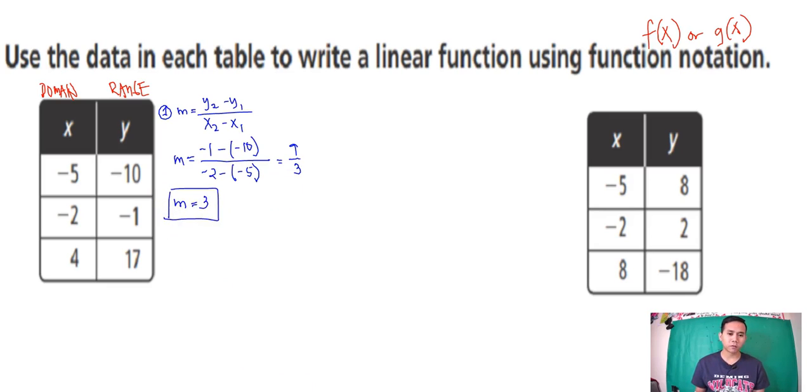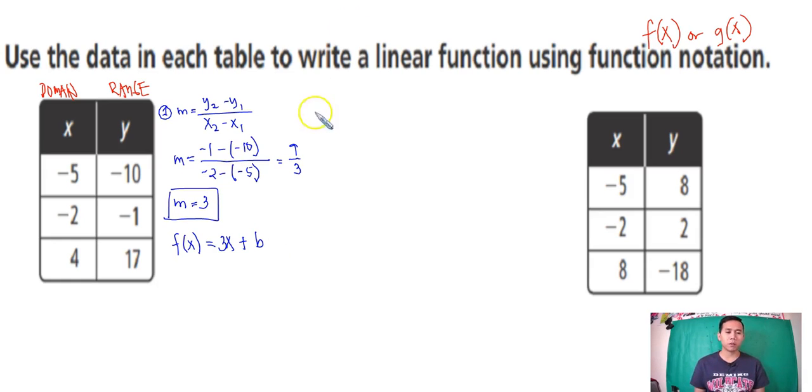And of course, after solving for slope, we have to solve for the y-intercept, or the value of b. Now we have the function f of x equal to the slope, which is 3x, plus b. Now it's our problem: how are we going to get b? The same process, the way we do it in slope-intercept form, is that we choose any of the points.